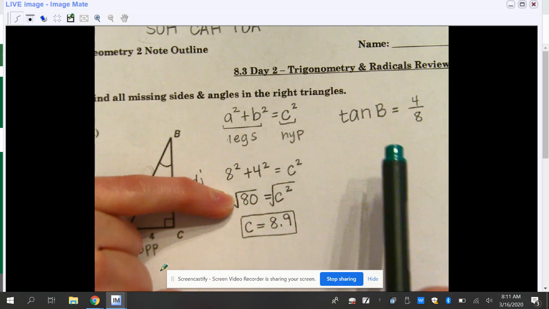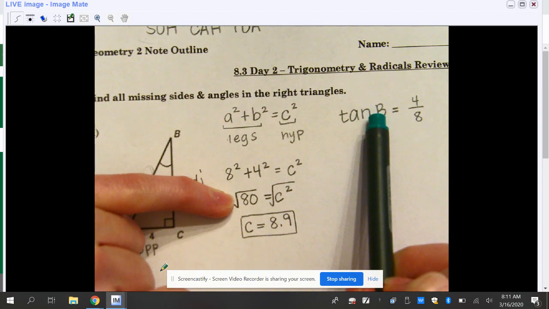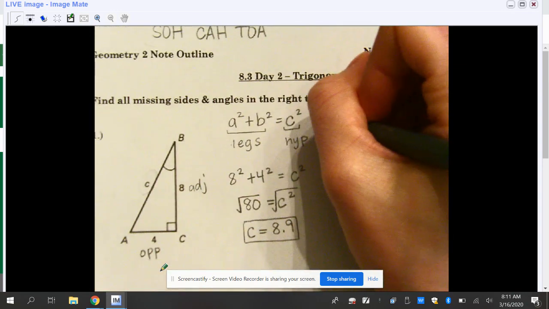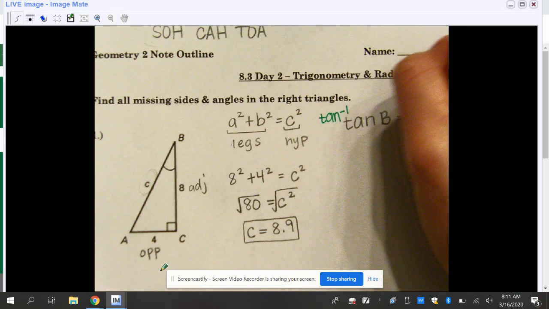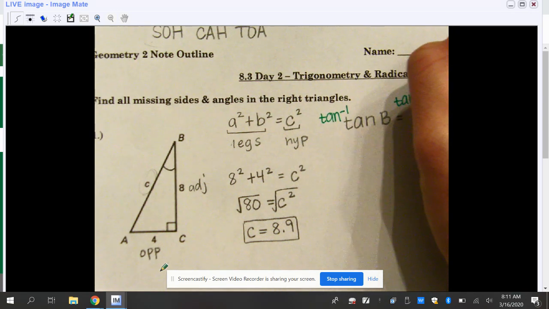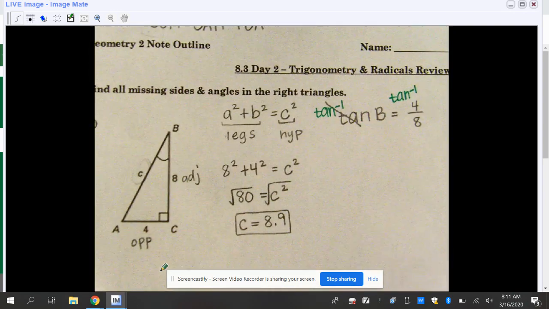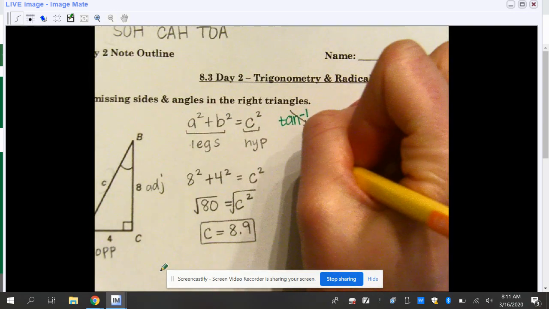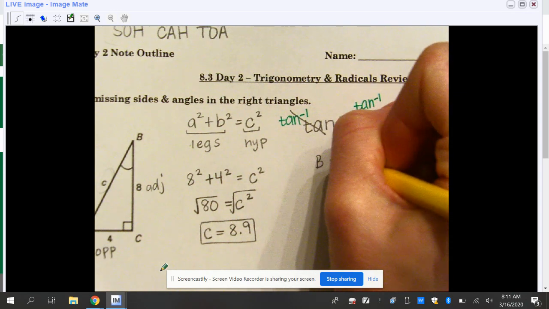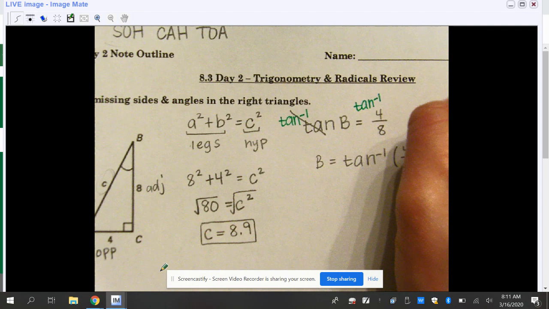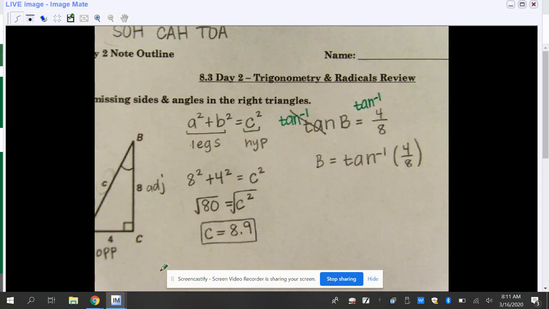So if I want B and I'm taking the tangent of that, I need to take what's called the inverse tangent of both sides. So now that undoes this over here, and I'm left with B equals the inverse tangent of 4 over 8, which you can simplify to 1/2, but you don't have to, because the 4 over 8 is not going to be our final answer.